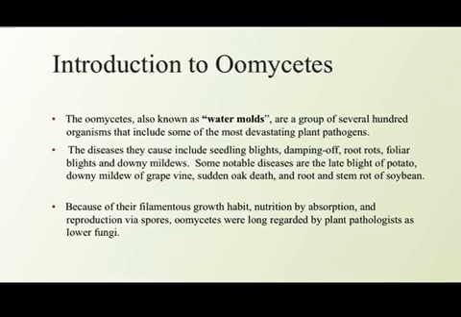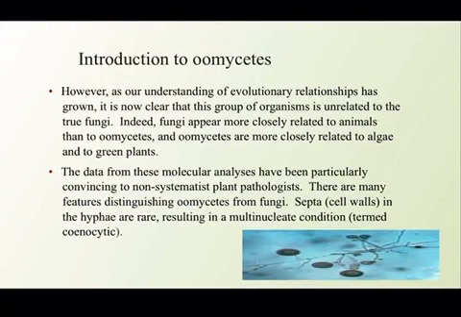Because of their filamentous growth habit, nutrition by absorption, and reproduction via spores, oomycetes were long regarded by plant pathologists as lower fungi. However, as our understanding of evolutionary relationships has grown, it is now clear that this group of organisms is unrelated to the true fungi.